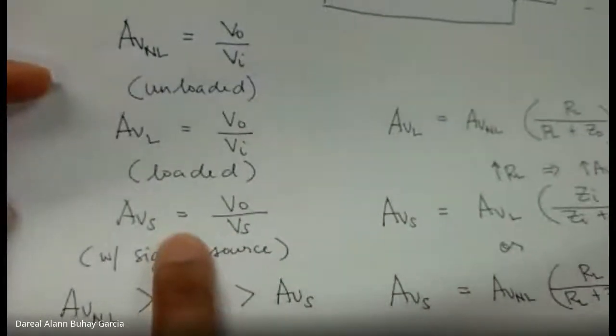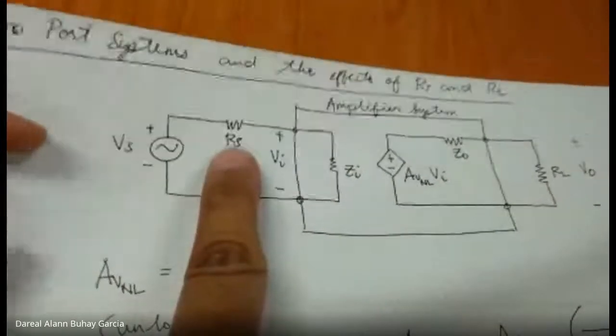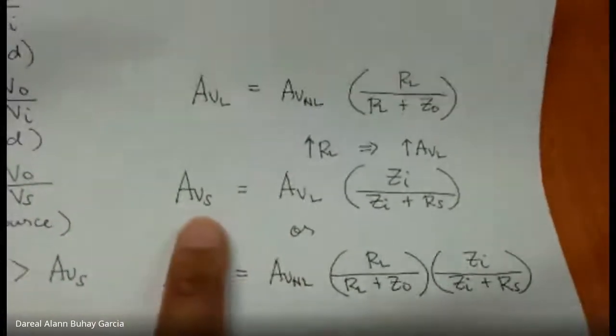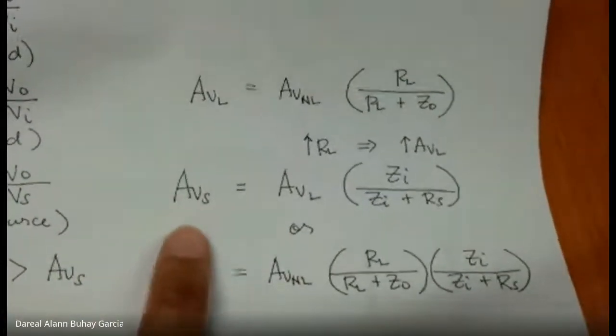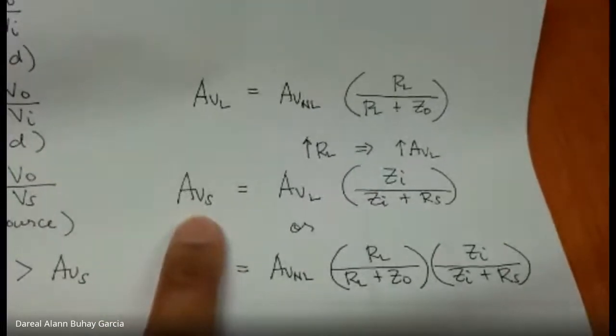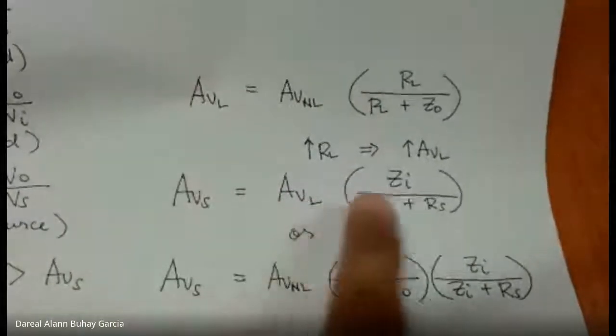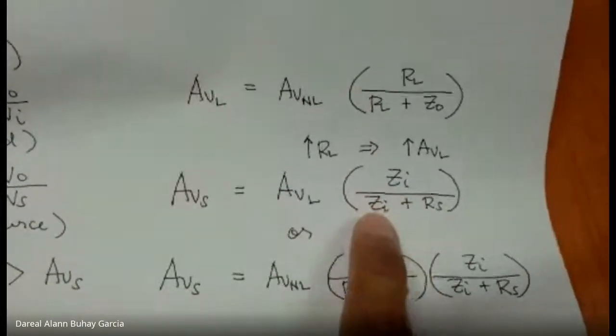Now, if there is also the effect of RS, the source resistance, the formula for the voltage gain with the effect of RS and RL is AVL times ZI, the input impedance, over ZI plus RS.